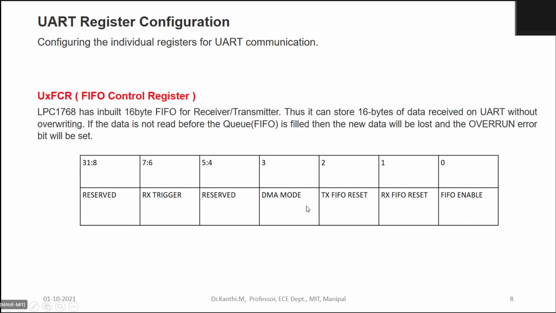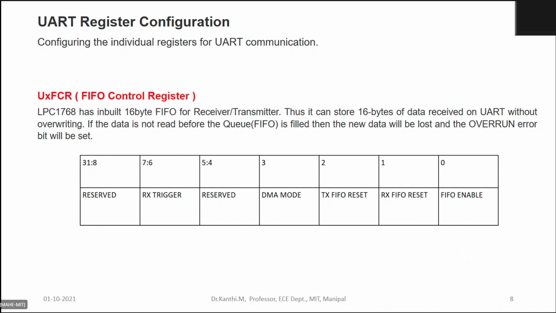You can see the format which is given: the FIFO enable and FIFO reset, for the receiver and the transmitter. So you can reset your FIFO for the receiver, and you have the transmitter FIFO reset. Then you have the DMA mode, the direct memory access.